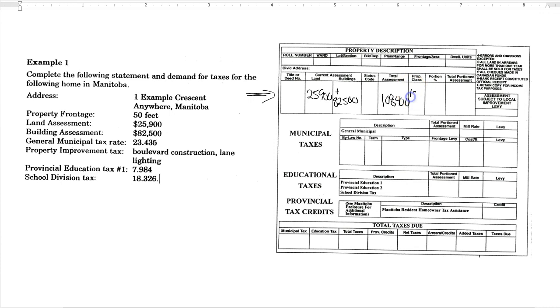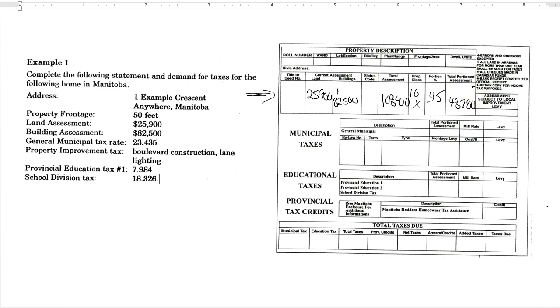Property class is 10, and the 45%, I'm going to change directly to a decimal, so it's 0.45. So I take my 108,400 and I multiply it by 0.45, and I'm getting 48,780. This is my TPA, my total portion assessment.